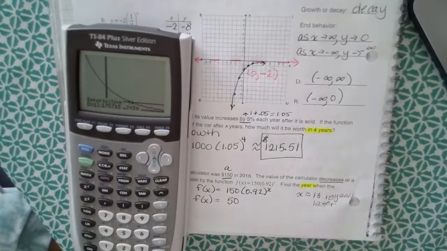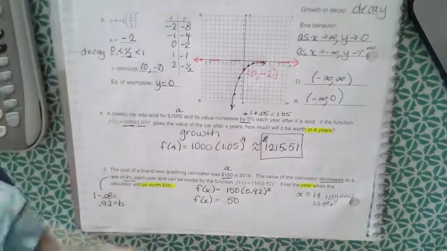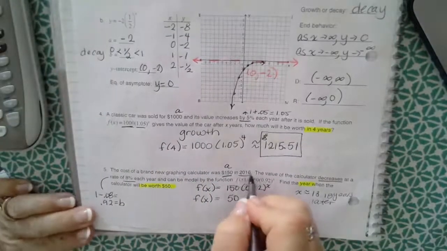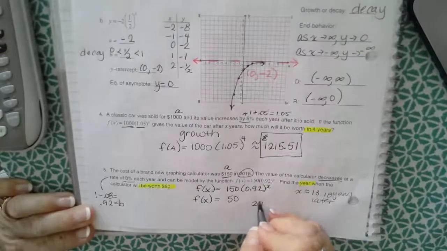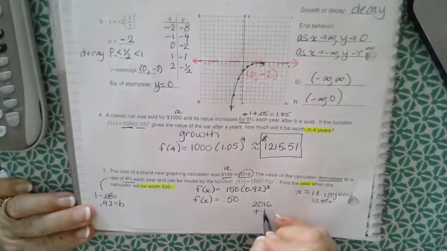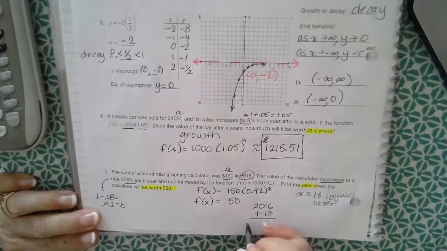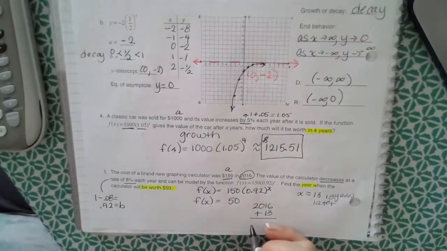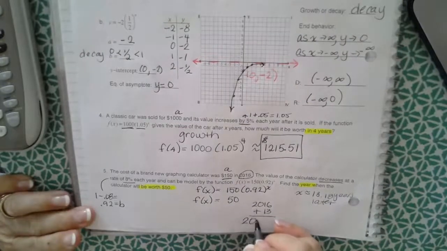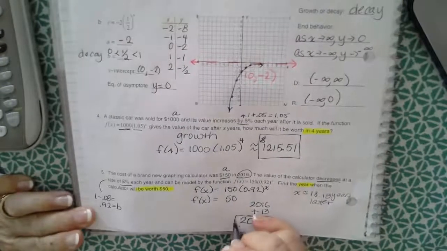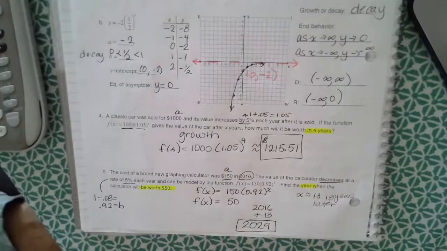But the question is asking us to find the year. So if it's starting off in 2016 plus 13 years, when do they actually intersect? Or when is it going to be worth $50? In the year 2029. And that would be our final answer.